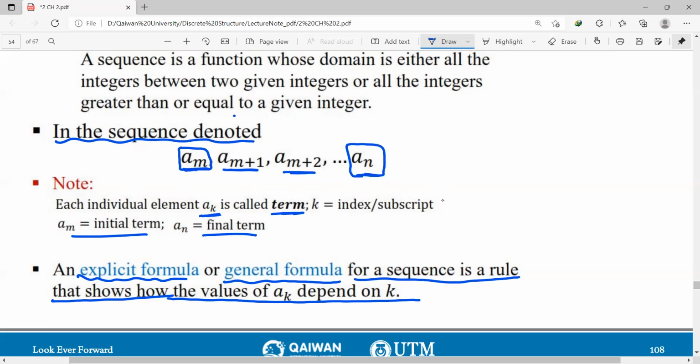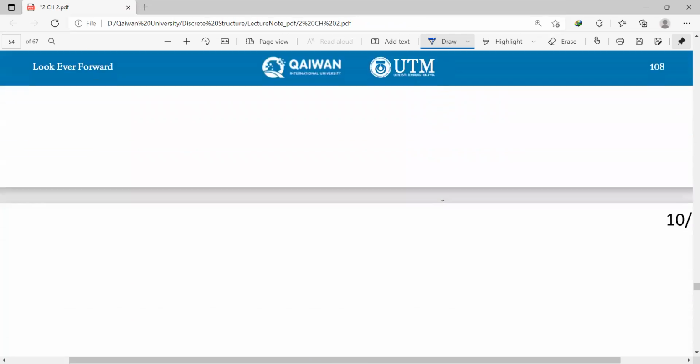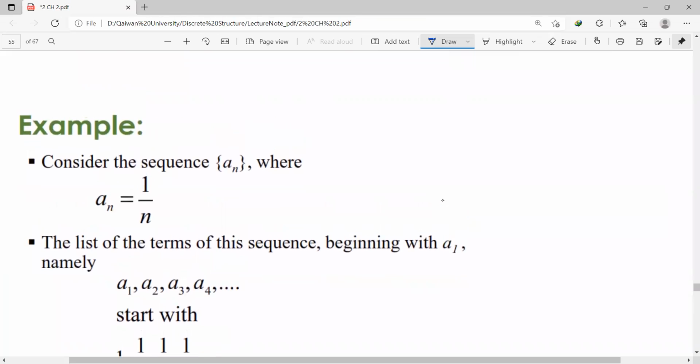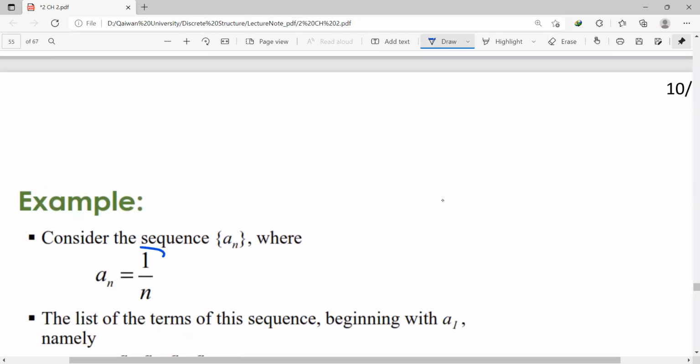It works as a function with which you can generate all the terms of the sequence. As you see here, this is the general form of the sequence. You have an equals 1 over n. Here you can generate all the terms of the sequence by this formula.